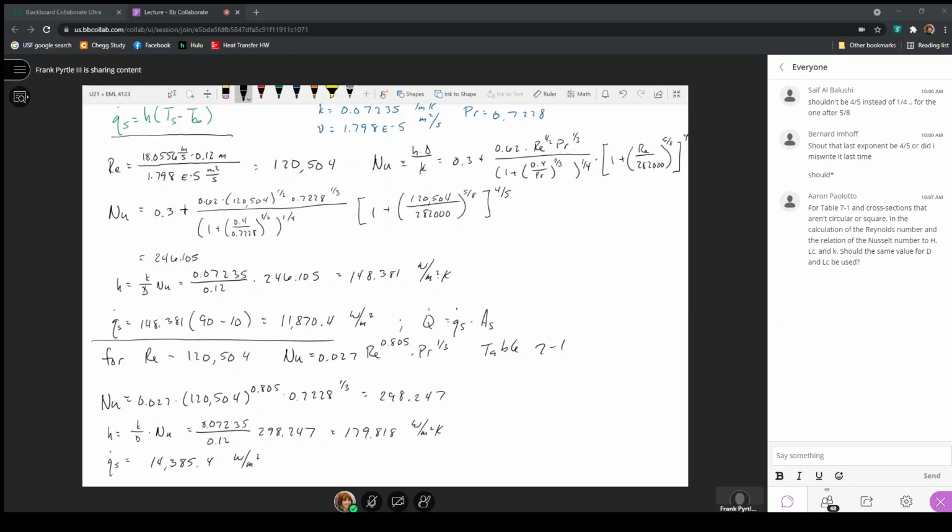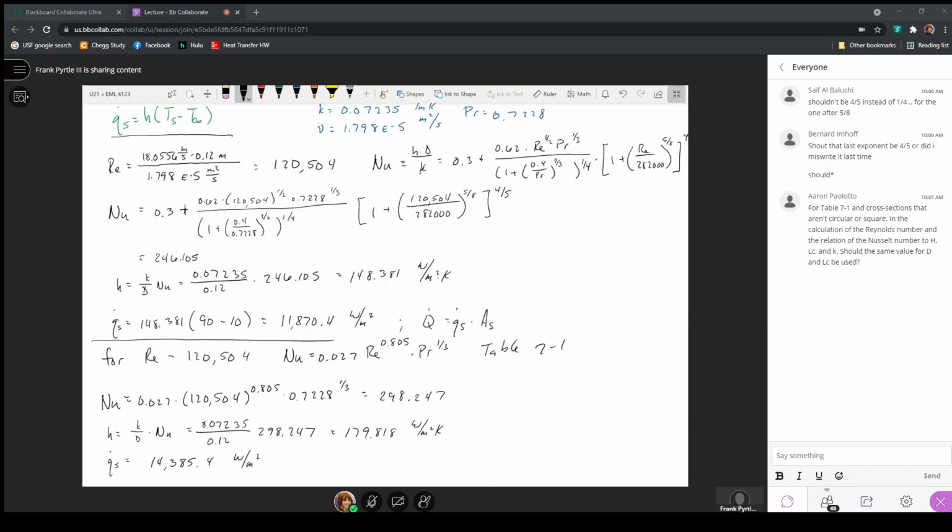So the expression of the correlation is always going to give you a different value, but it's important that the requirements for the use of that particular correlation be satisfied.